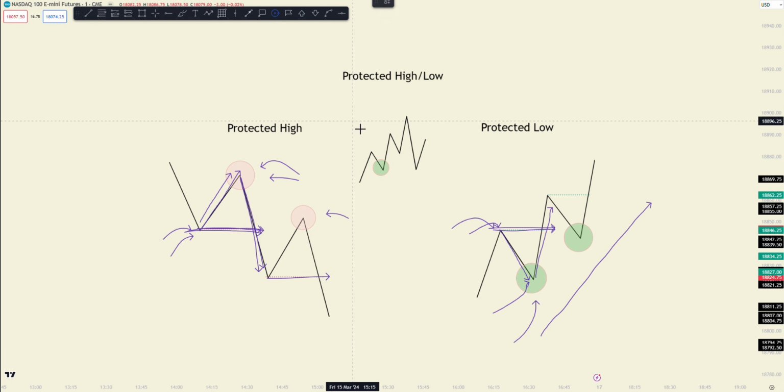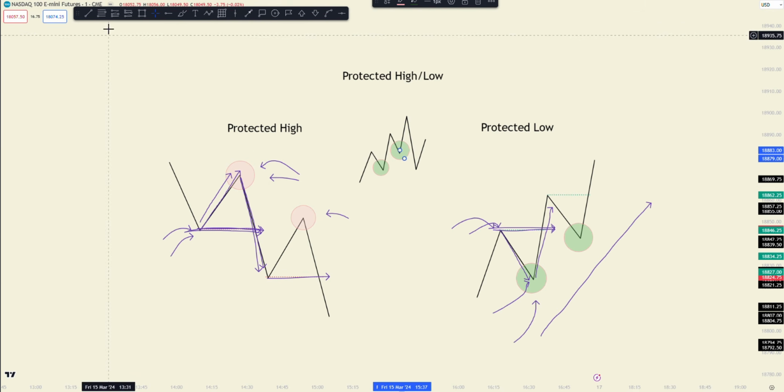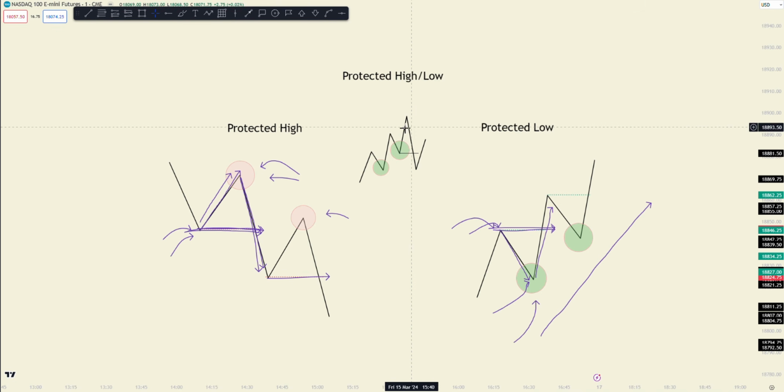We have these series of protected lows, and then very simply, once this got closed below, because we were in an uptrend, this would now have shifted from bullish structure to bearish structure because of this shift right here below a protected low.